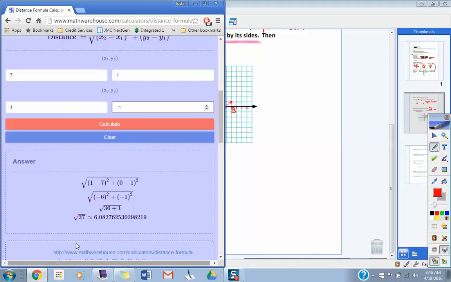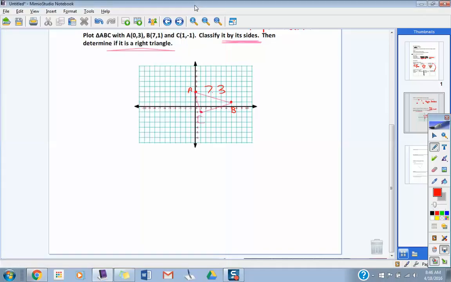All right, looks like the distance that I'm getting here is 6.3. You guys agree, about 6.3? So this distance is 6.3.